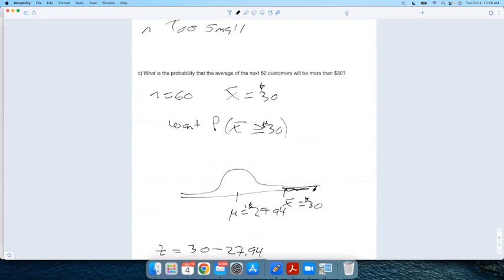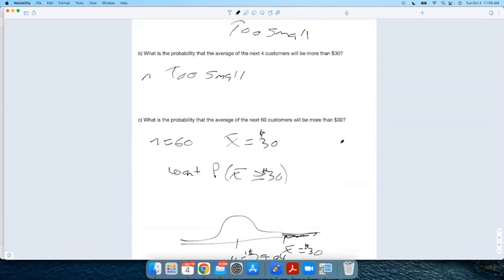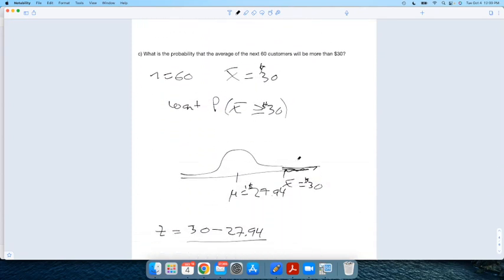Oh, I've got to calculate the standard deviation. Here's where mistakes happen. Can't use that. The standard deviation for this model is sigma divided by square root of n.